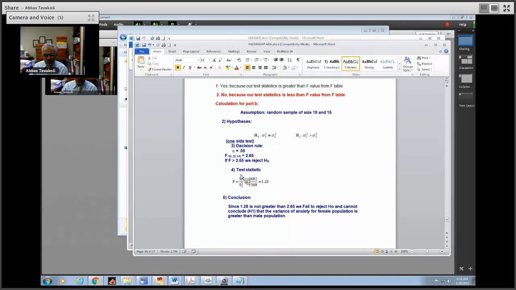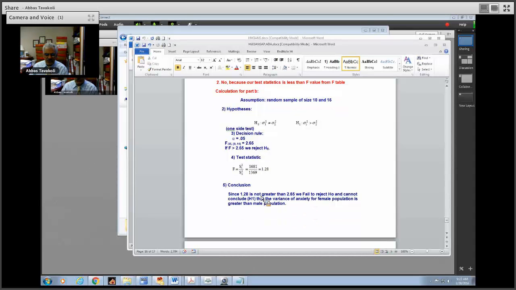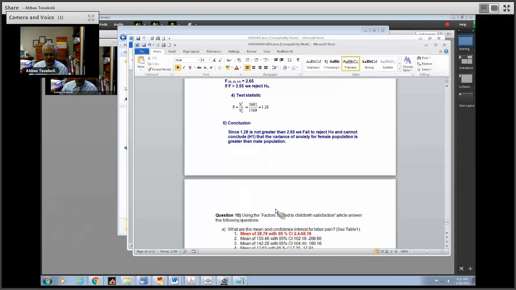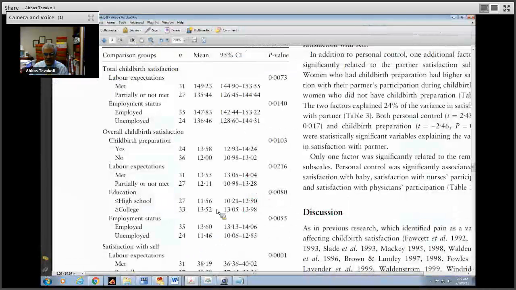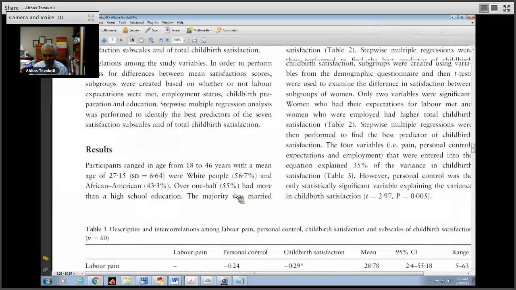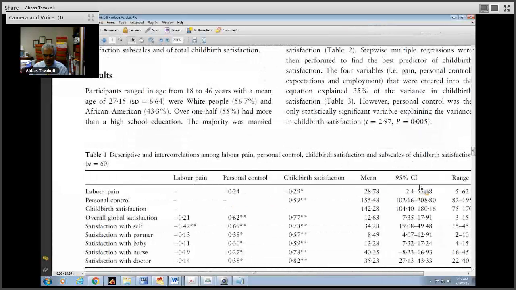So our decision rule would be F 0.95 with 9 and 14 degrees of freedom, which is 2.65 from the F table. If our F statistic is greater than that, we reject. Your test statistic is basically the sample variance for female divided by male, 1681 divided by 1369, and you get 1.28. Again, this value is much smaller than 2.65. We fail to reject. We cannot conclude H1, that the variance for the female population is greater.